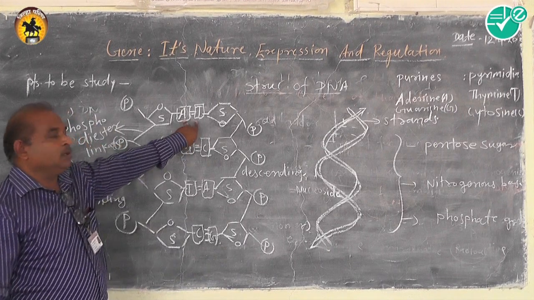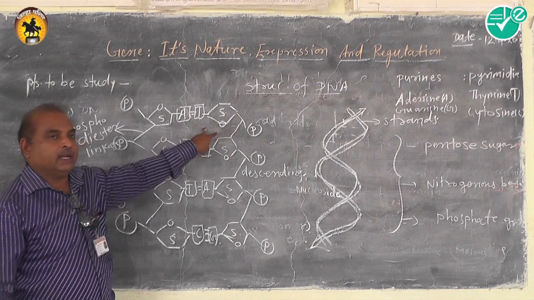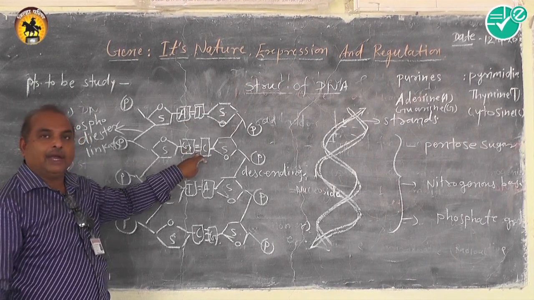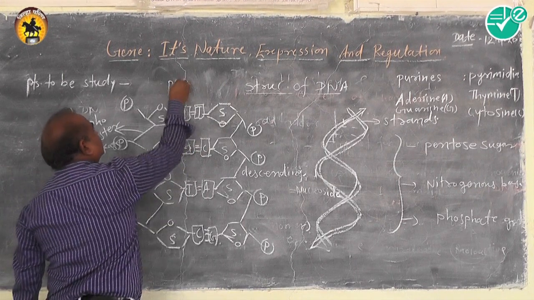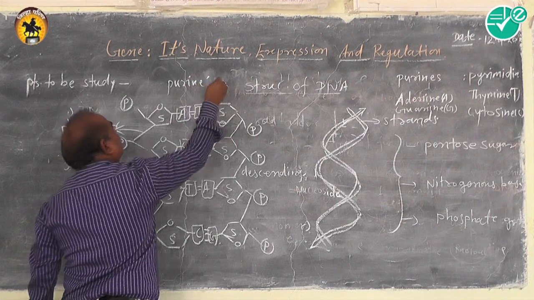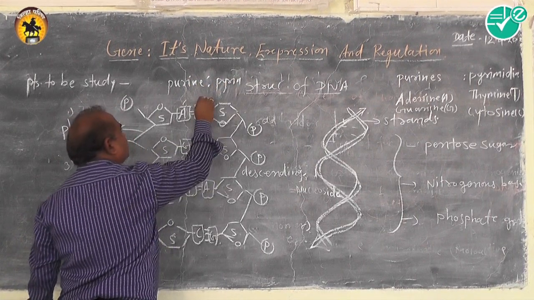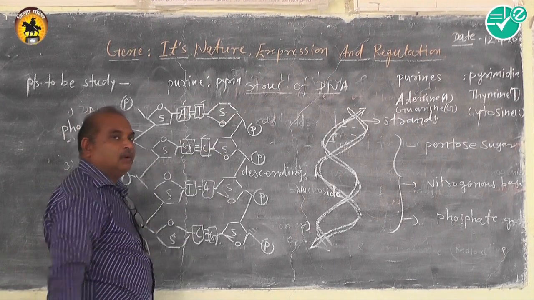Now these two strands are attached to each other with the help of double or triple hydrogen bonds. In DNA, one purine base always pairs with one pyrimidine base. Adenine is a purine base, thymine is a pyrimidine base. Guanine is a purine base, cytosine is a pyrimidine base.